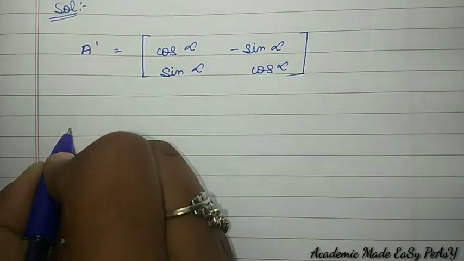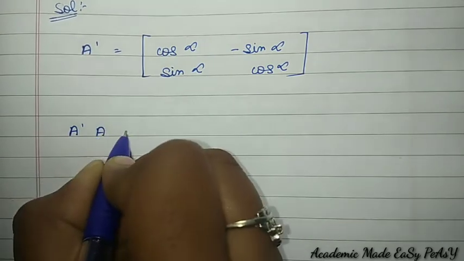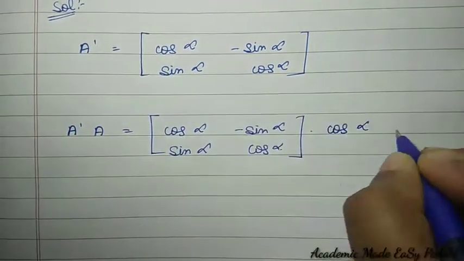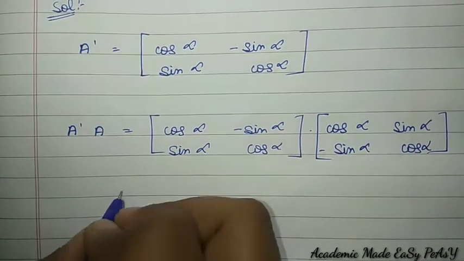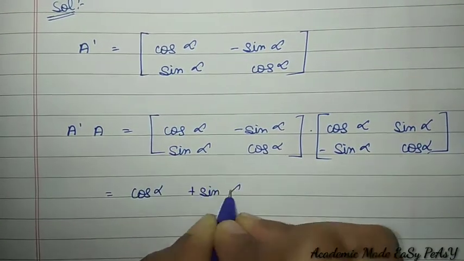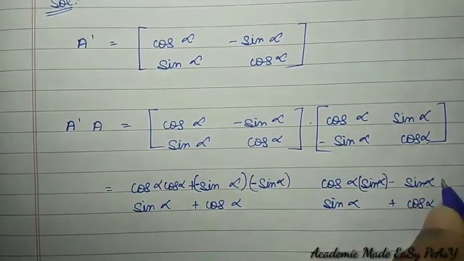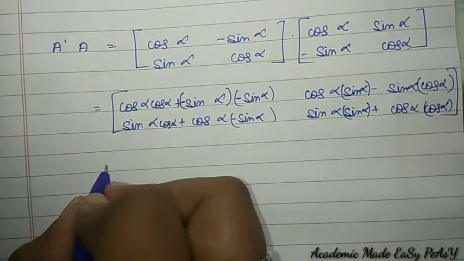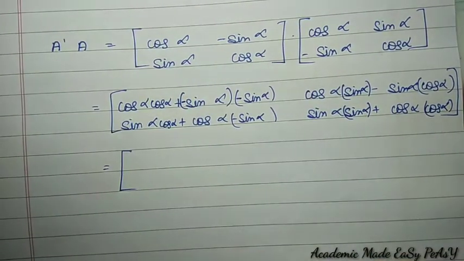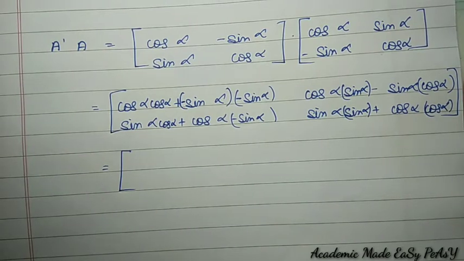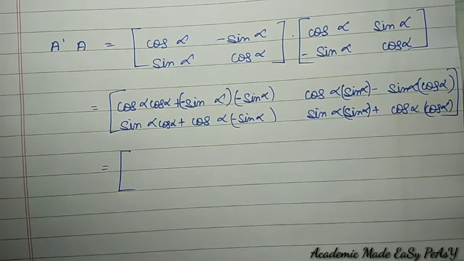Now let's start multiplying A transpose into A. So now I will be multiplying it. Next we will be simplifying it. So in one of the questions I just said, when you get such trigonometry sums, mostly trigonometry matrices will end up with 1, 0, or 0 matrix or identity matrix, etc., in terms of 1 and 0 only.